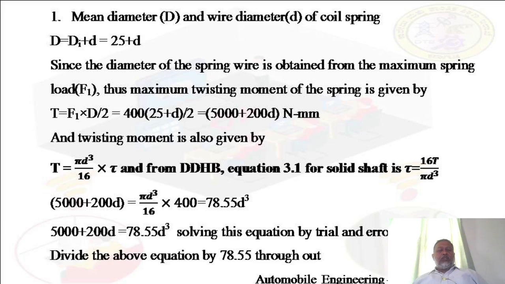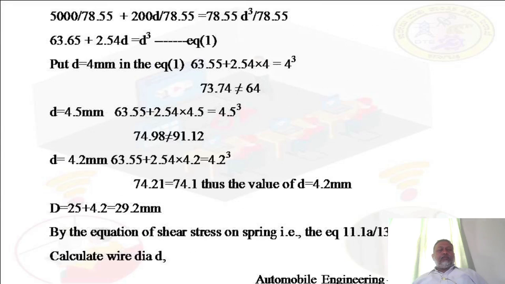When you compare both, you will have 5000 plus 200 d is equal to 78.55 d cube, and that becomes an equation of power 3, which can be solved by trial and error method. To minimize the value of d cube, divide throughout the equation by 78.55. We will have finally 63.65 plus 2.54 d is equal to d cube.